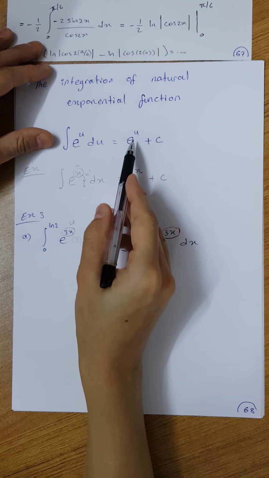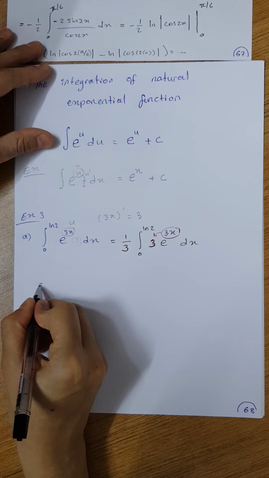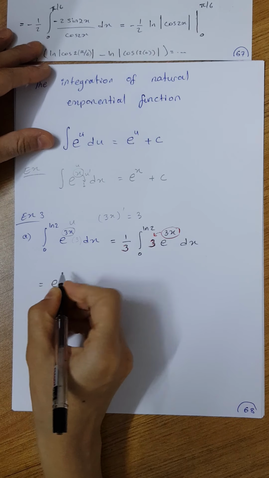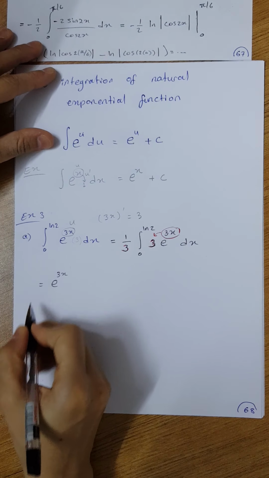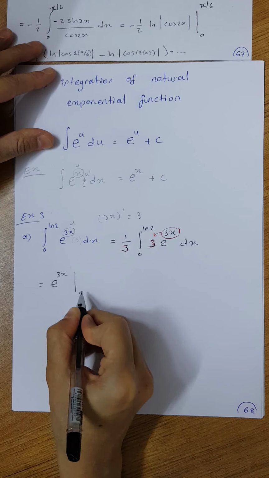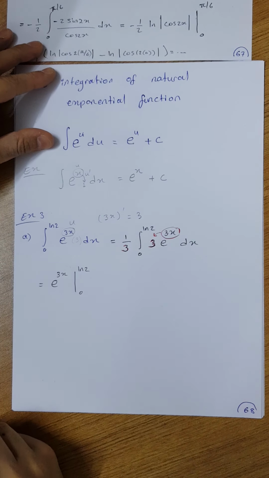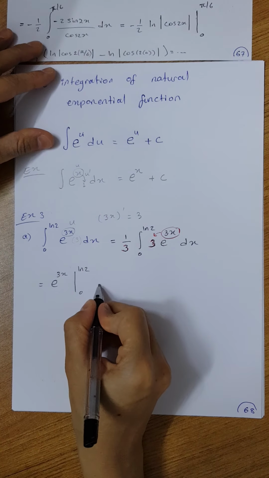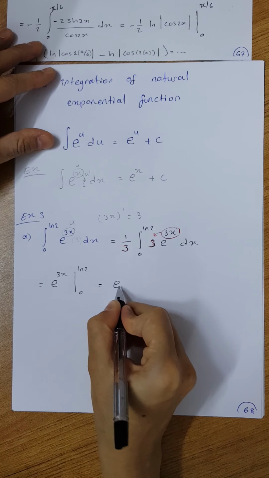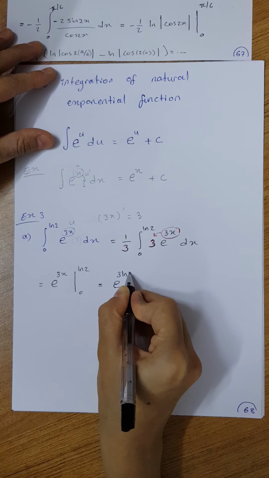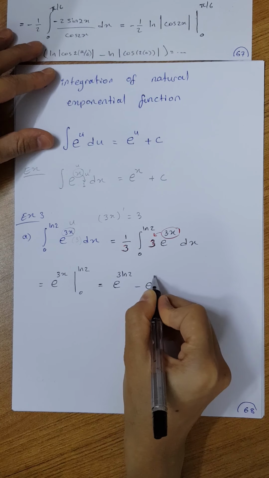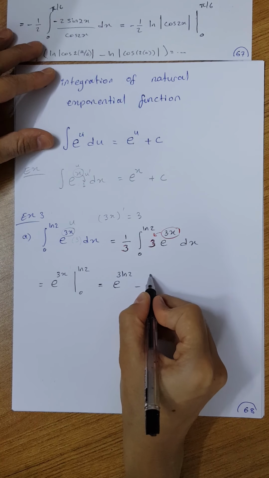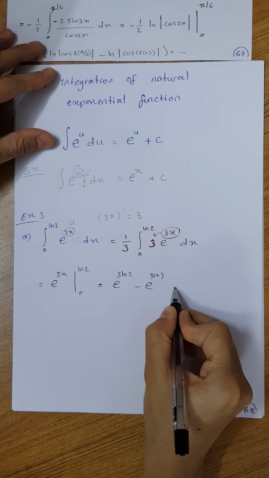Since I have got this, the integration is equal to e itself, e to the power of 3x, and I have to put the bounds also, from 0 to ln of 2. Now we are inputting those values into here. That will be e to the power of 3 ln of 2 minus e to the power of 3 multiplied by 0.